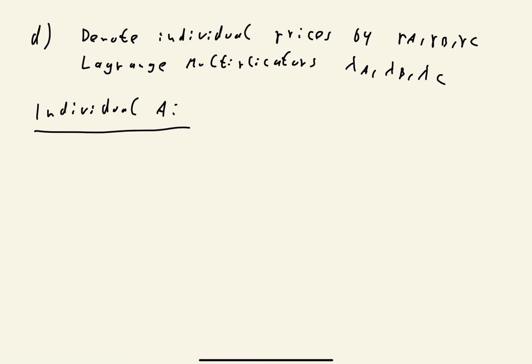His optimization problem is the following. He is maximizing over his consumption of the numeraire good, his public good provision, and the Lagrangian multiplier.